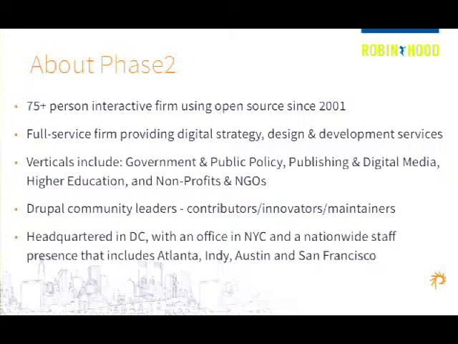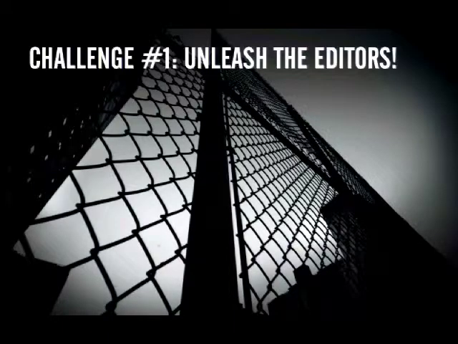We're definitely leaders in the Drupal community, and our headquarters are in Alexandria, Virginia, near DC, and we also have an office in New York, and most of us, with the exception of Brian, are based in New York, where Robinhood is, and so we were able to do work with them on site. So let's move into the first challenge. The process for when we were developing the site initially was going through a discovery process.